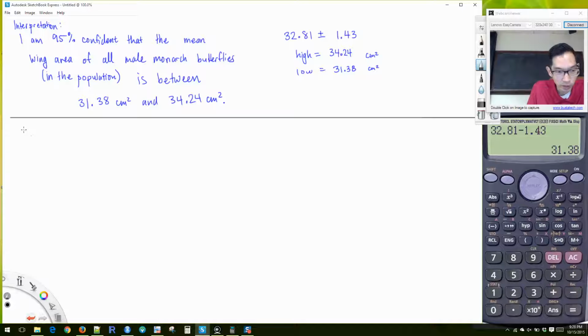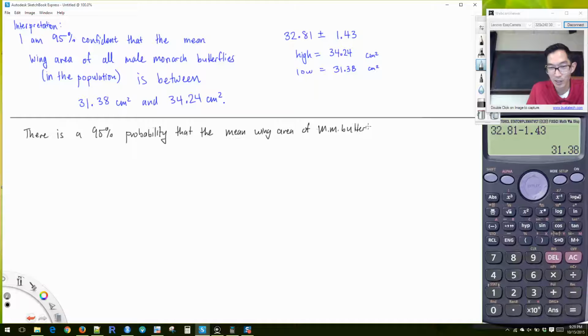Okay, so I'm going to say there is a 95% probability the mean wing area of, I'm just going to write, male monarch butterflies in the population is between 31.38 centimeters squared and 34.24 centimeters squared.